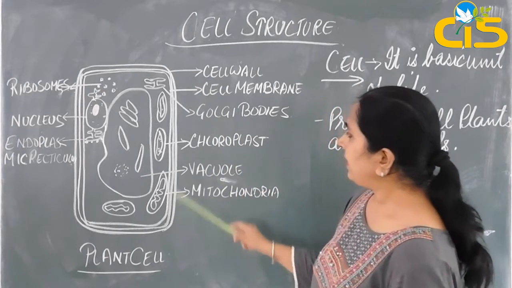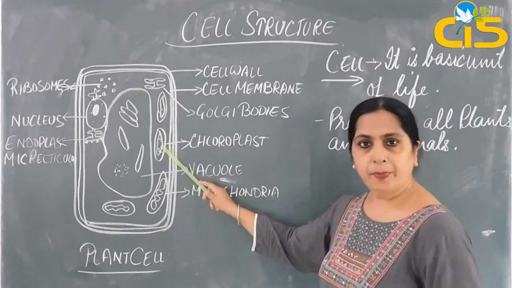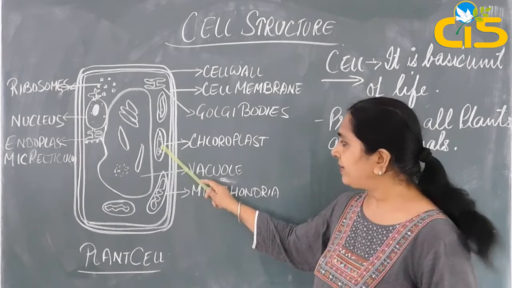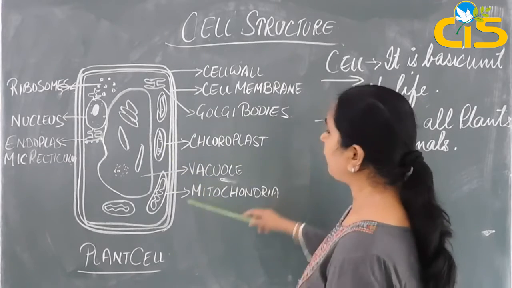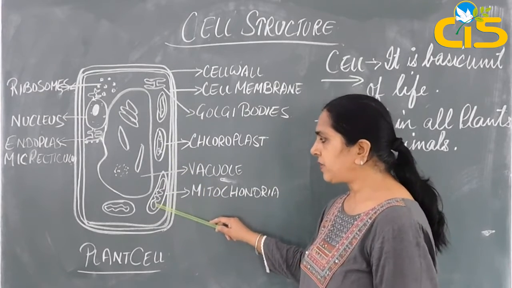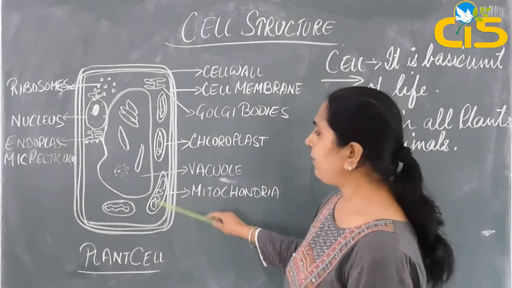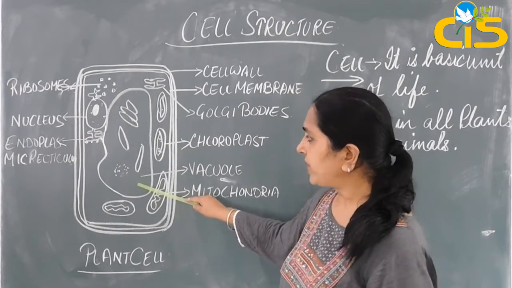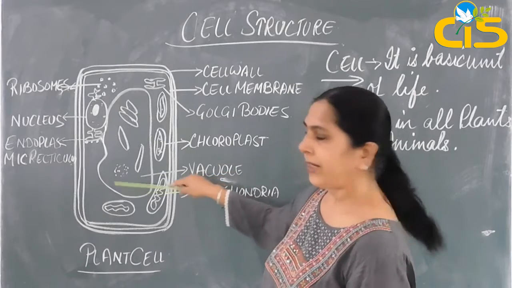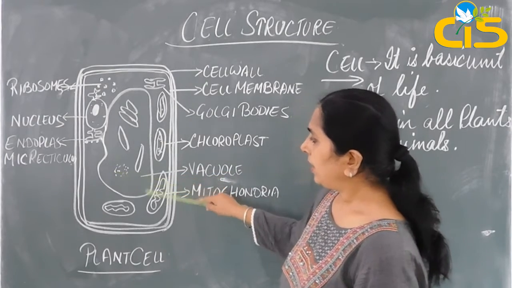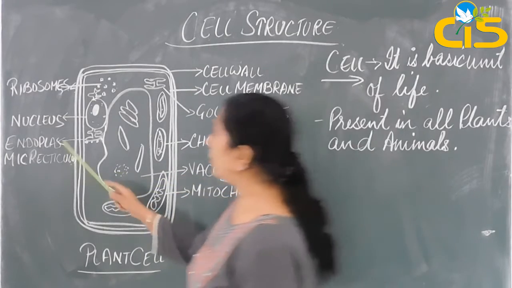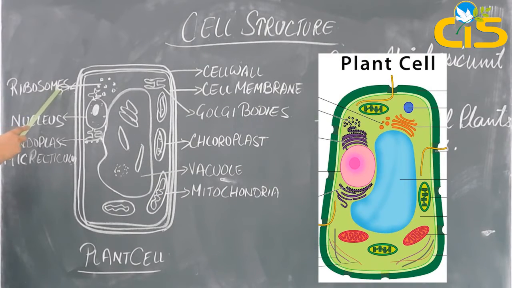Then the second, we have the chloroplast, which is present only in plant cells. Then we have the mitochondria, which are again dispersed in the cytoplasm. Then we have the vacuoles, which are enlarged sac-like structures. After the vacuoles, we have the ribosomes, which are free in the cytoplasm.